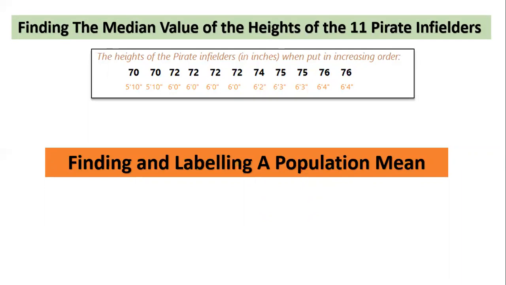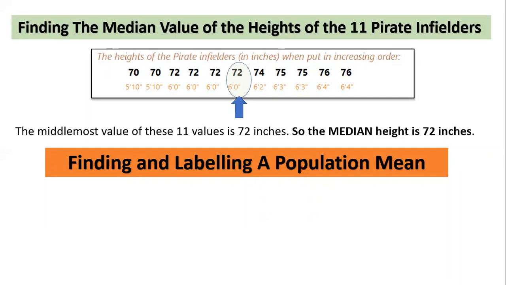When we list those heights in increasing order from smallest to largest, we can see that the number 72 is directly in the middle. There are 5 data values listed to the left of that, and 5 data values listed to the right. And what that tells us is that that is the median height for the pirate infielders from 2019. Their median height was 72 inches.